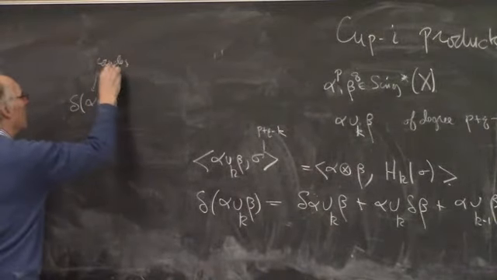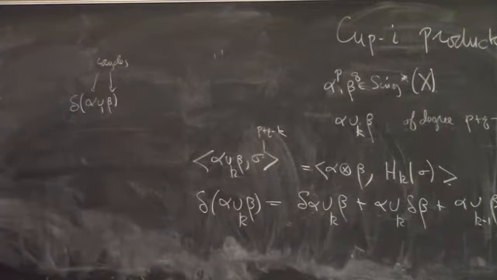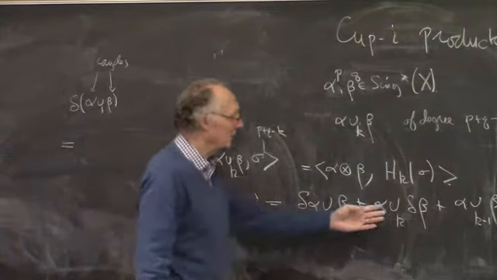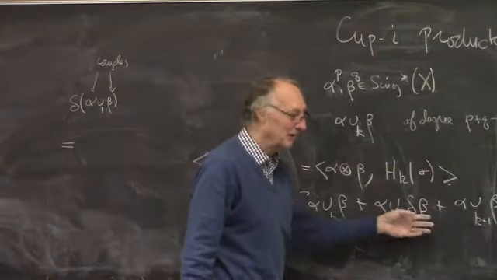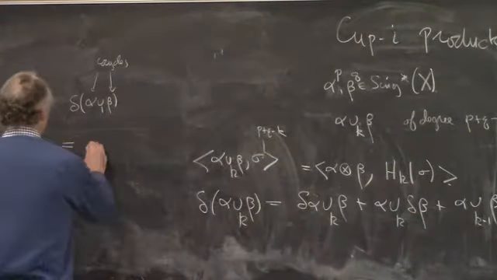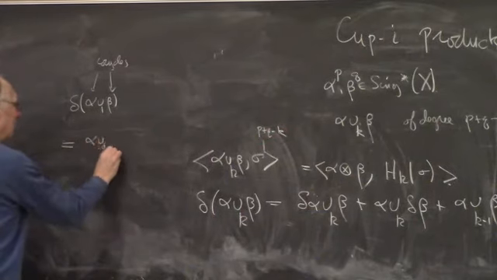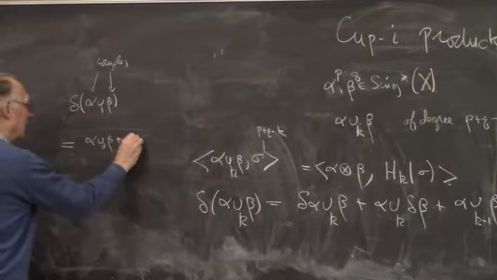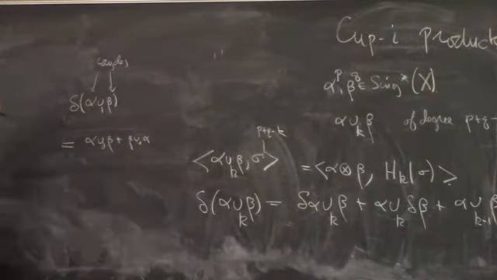Now look at this formula for cup 1 in the special case of two cocycles. What does it give me? Well, again, I haven't worked out the signs. These two vanish because alpha and beta are cocycles, and I'm left with alpha cup naught beta plus beta cup naught alpha. That's the commutativity of the cup product.